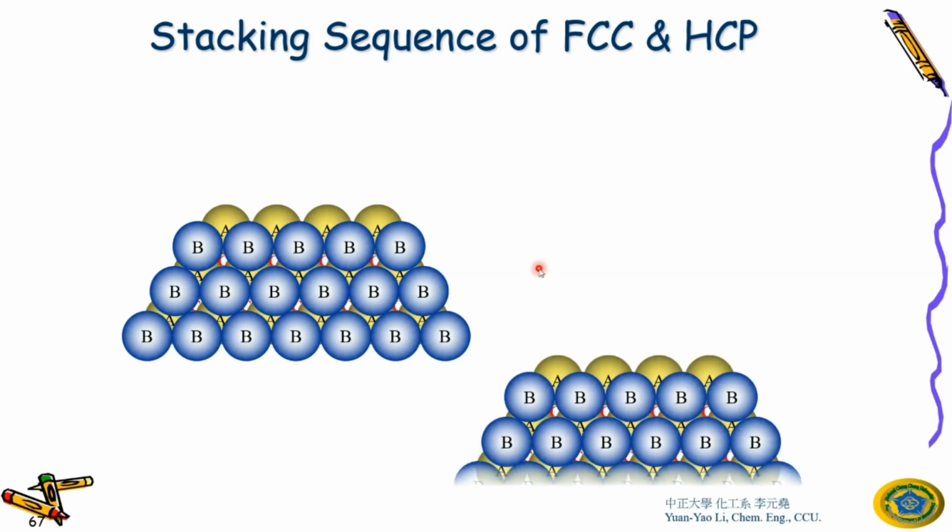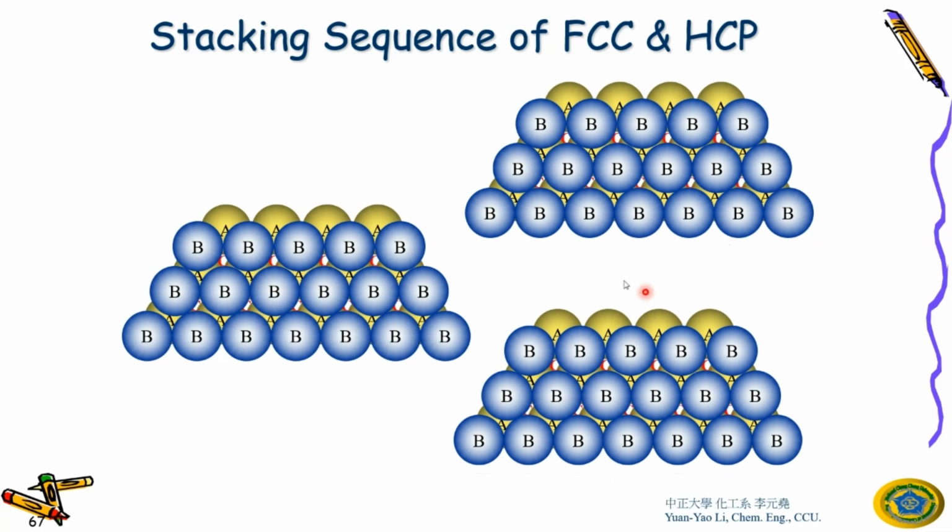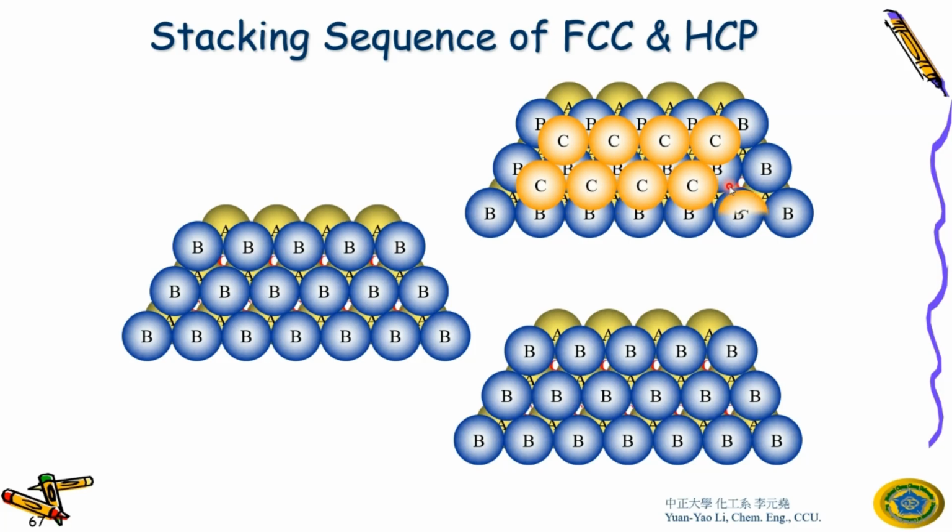Okay, so if you put the atoms in the C site, that will be called ABC packing sequences. And this crystal structure we call the FCC crystal structure, and this surface is the 111 plane. So we say ABCABC.